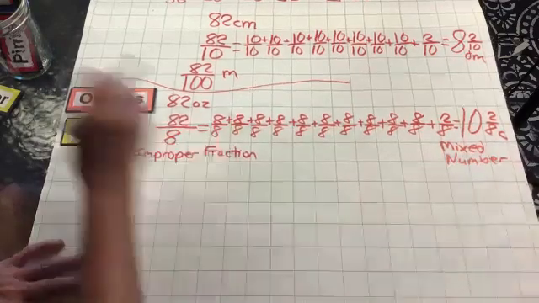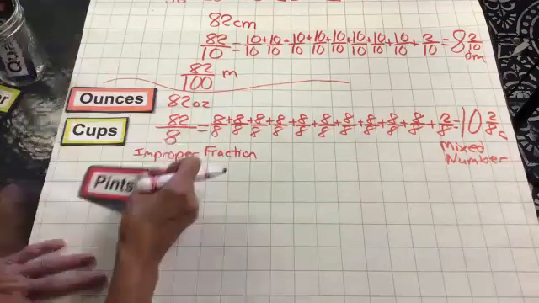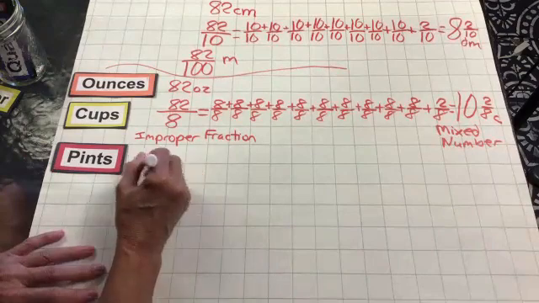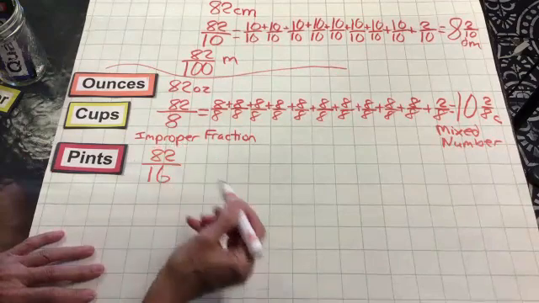All right. Let's move on to pints. And we're going to use our cups to figure out pints because it takes 2 cups to make a pint. 16 ounces. And we have 82.